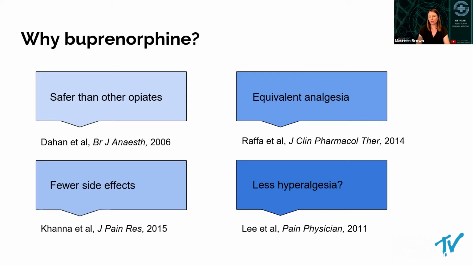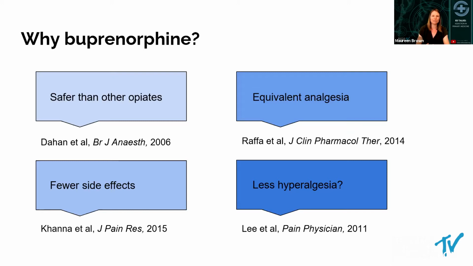And then a really big piece of the why we love Bupe puzzle is that there is really solid data that it provides equivalent analgesia to many of our comparable agents. So this trial listed below is a meta-analysis of 24 different trials.